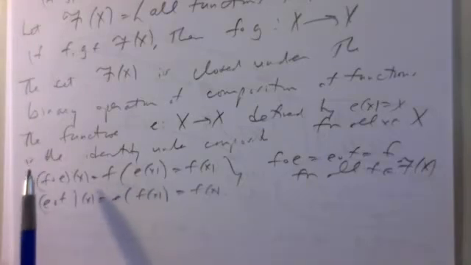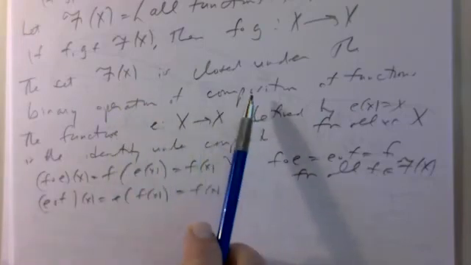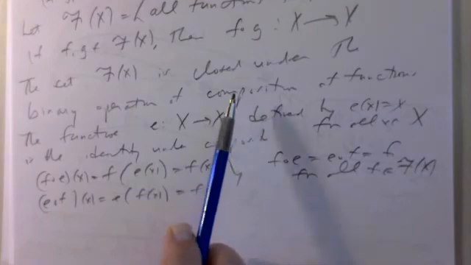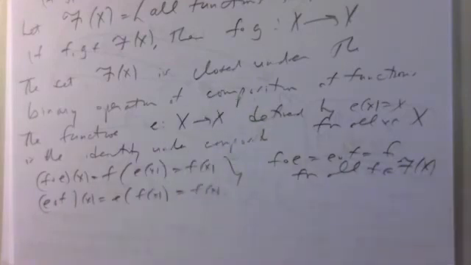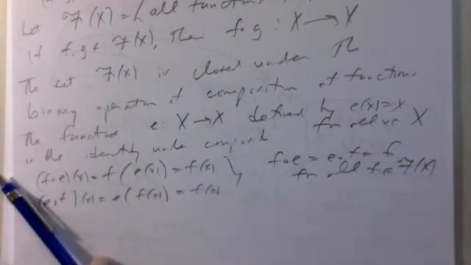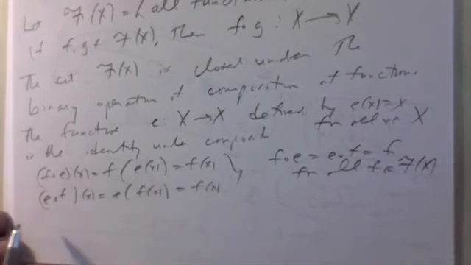So this set f of x is closed under composition. We already proved a moment ago composition is associative. So with this operation, this set is a semigroup and it has an identity. But it doesn't have to have an inverse.